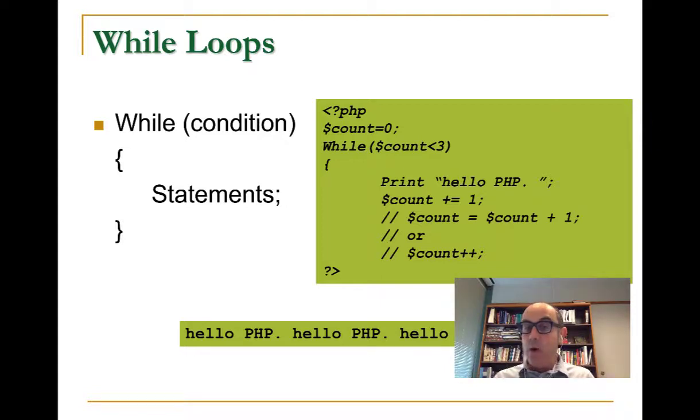First, we create a variable, which is $count. We give it a value of 0, while count is smaller than 3, we print and add in order to display hello PHP three times in this simple code.